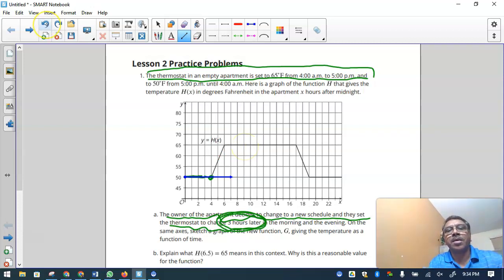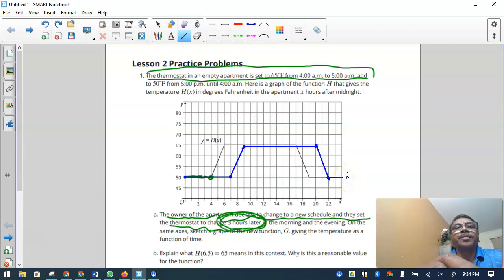So what I'm going to do is this will rise and go exactly this way. Then it will remain 65 until 3 hours later, till 8 o'clock. This 20 which you see means 8 p.m., and then it goes down, and that's how the new sketch looks.